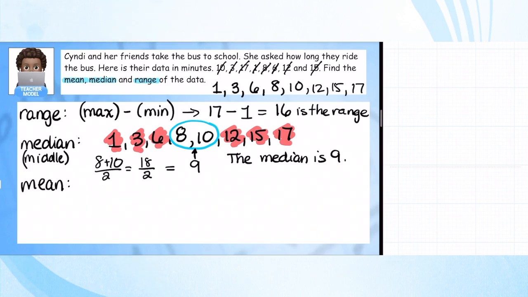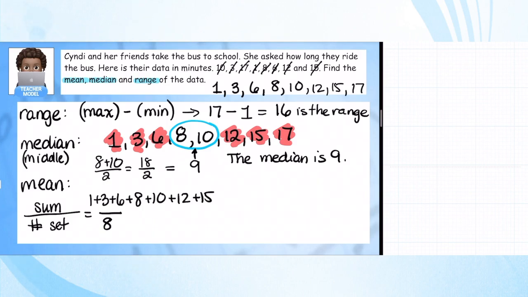All right, now let's get ready to write the mean. That means I'm going to have the sum of all my data divided by the number in the set. There are 8 numbers in the set, so I'm going to have to do 1 plus 3 plus 6 plus 8 plus 10 plus 12 plus 15 and plus 17.